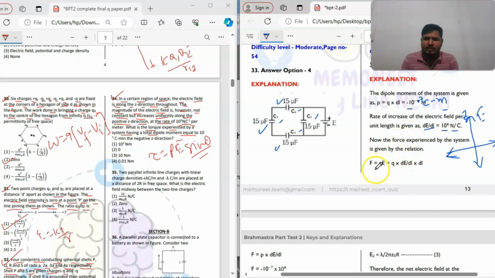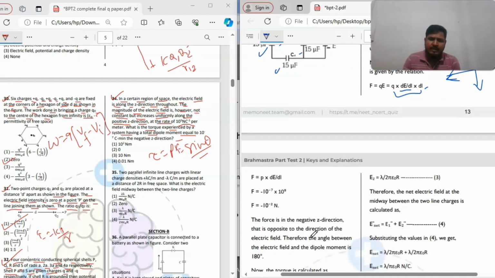Now we know F is equal to QE. Put the value of E as (dE by dl) into dl, so Q into dl becomes P. So F is equal to P times dE by dl. We know the value of P is minus 10 to the power minus 7, and dE by dl is 10 to the power 5.